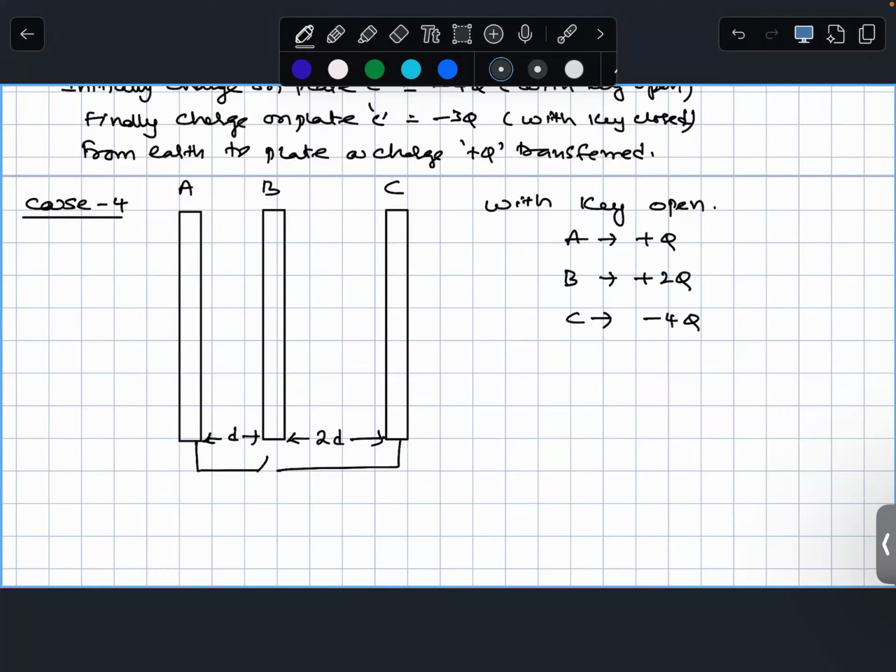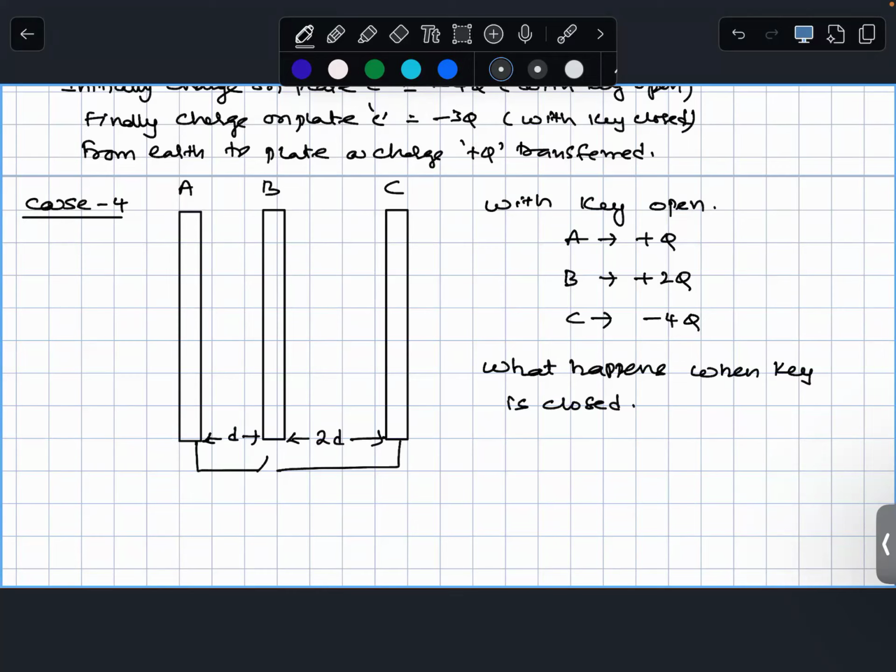That's how the charges are there. So, what happens when the key is closed?